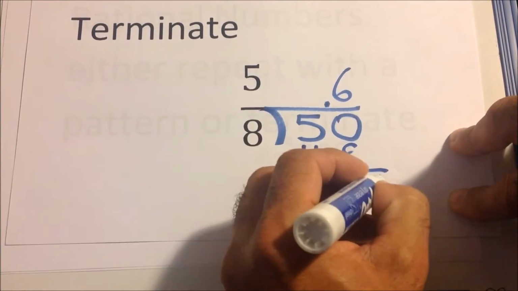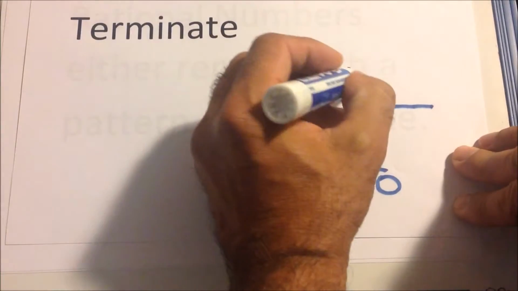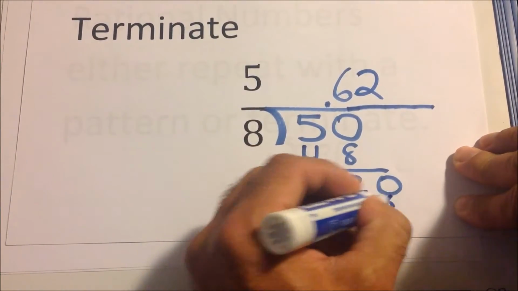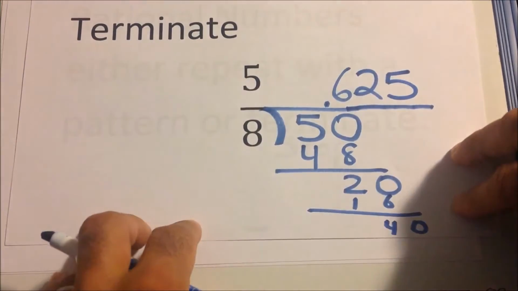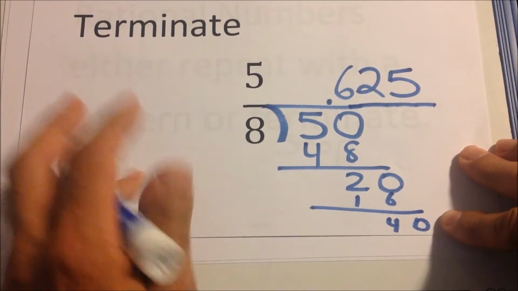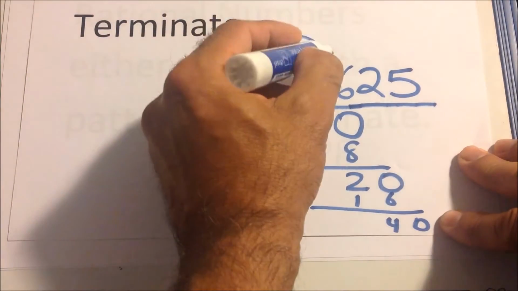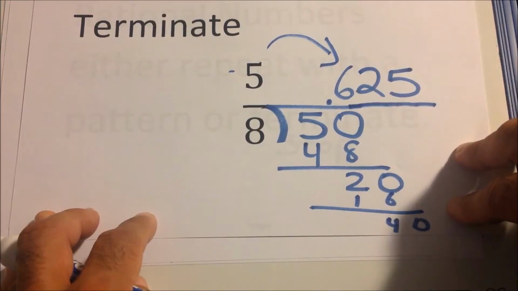Bring down the 2, and 8 goes into 20, 2 times, and then we're left with 40, and there's our answer. It stops, 0.625. So we know that 5/8 becomes 0.625, and it's a rational number.